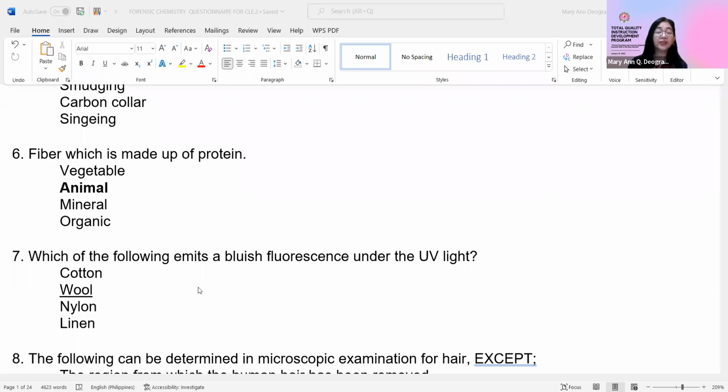In our discussion, animal fibers emit a bluish fluorescence while vegetable fibers emit yellowish fluorescence. Yung nylon, linen, these are synthetic fibers.